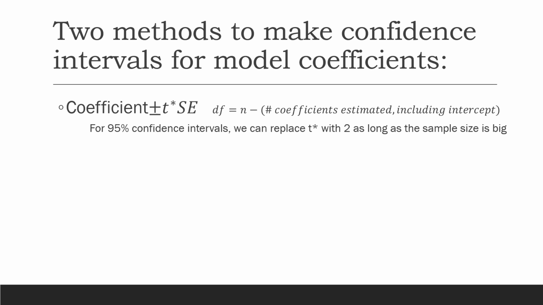When making confidence intervals for the model coefficients, the degrees of freedom are n, the sample size, minus the number of coefficients being estimated in the model, and that does include the intercept. Note that for 95% confidence intervals, we can replace t star with 2 as long as the sample size is relatively large and get a reasonable confidence interval.